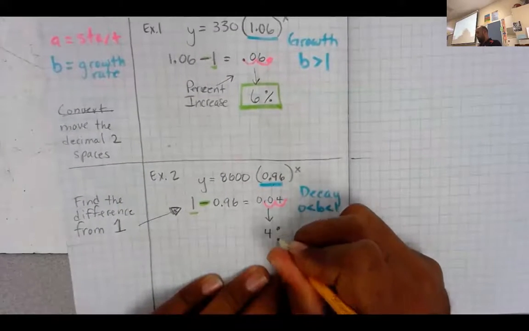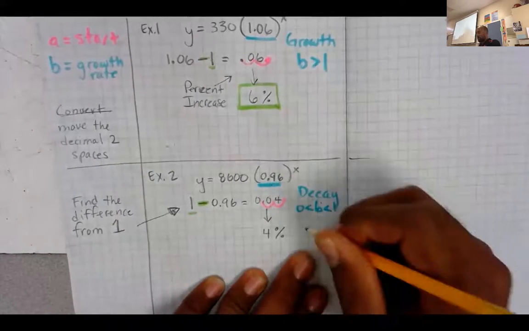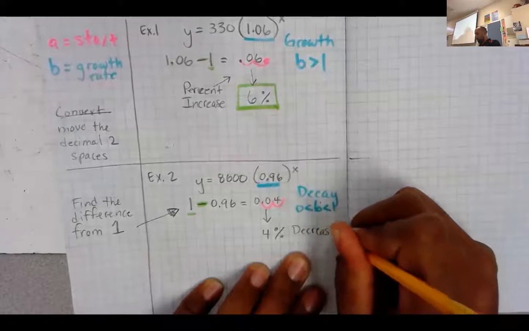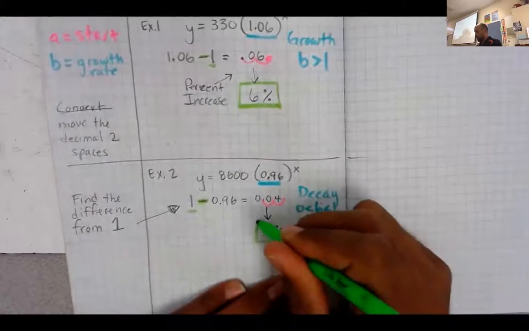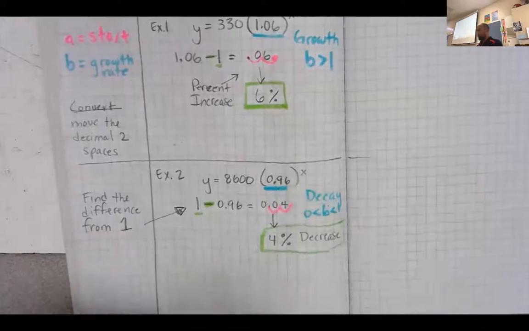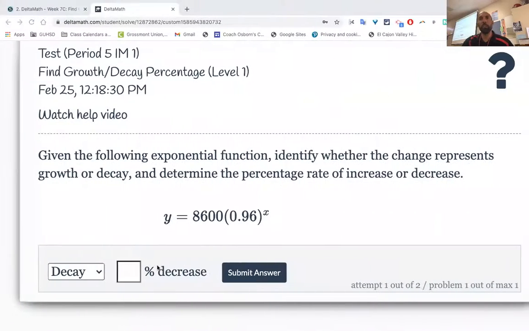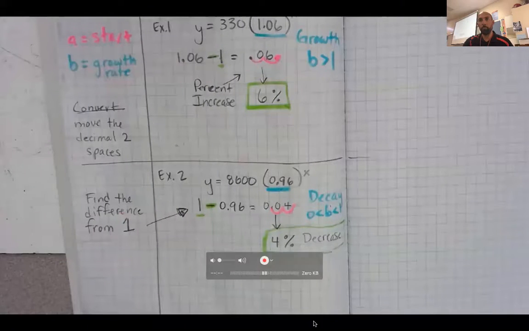And it's going to be 4%. Remember, it was decay, so it's actually a 4% decrease. So then I go over here, I put 4%, and it's the decay. Hopefully you get it right, and it's good.